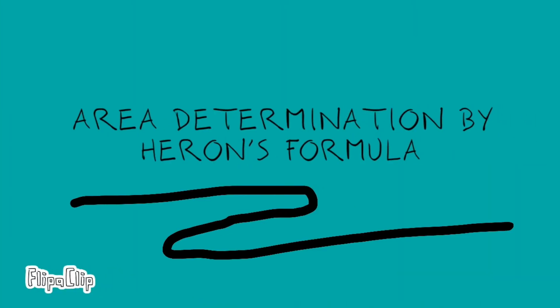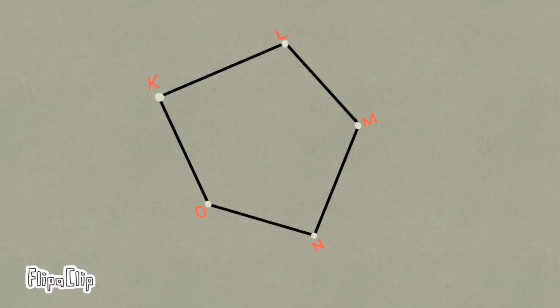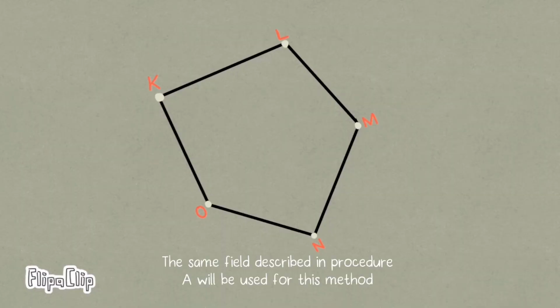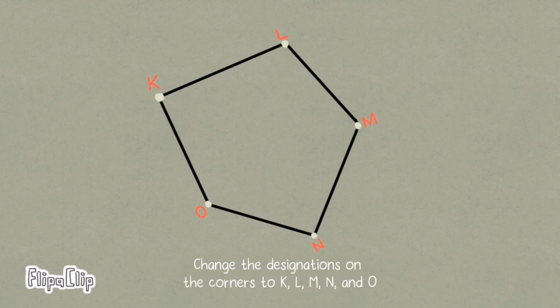Procedure C. The same field described in Procedure A will be used for this method, but change the designations on the corners.